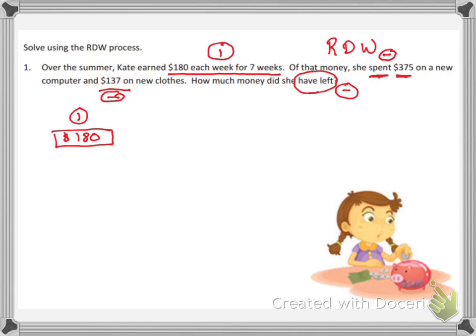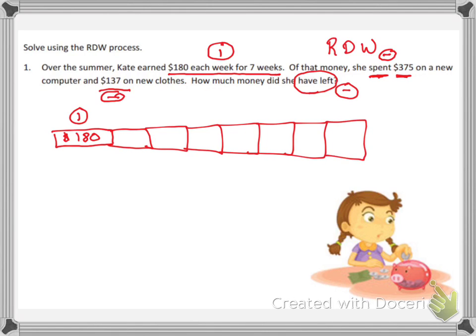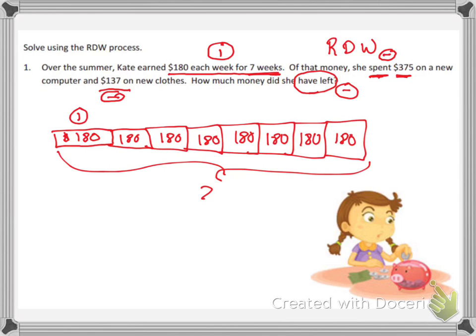But she did it for 7 weeks, so we need to make more boxes. So we have 1, 2, 3, 4, 5, 6, 7. And each one of these is $180, because that is how much she made each week. But she worked for 7 weeks, so all of this total we need to figure out.